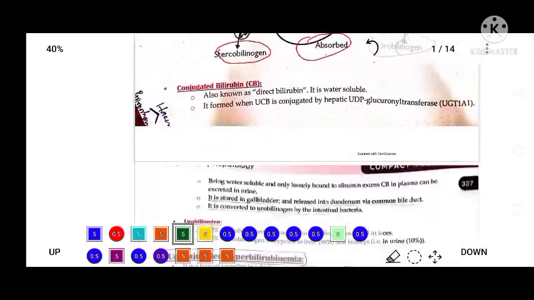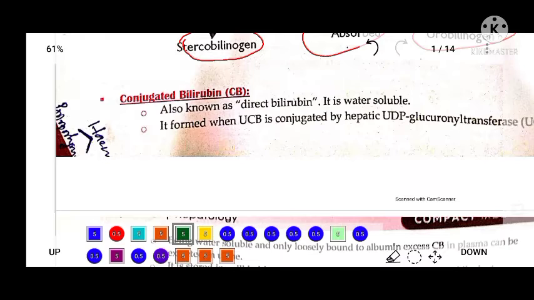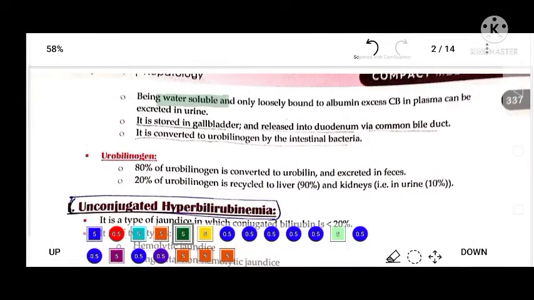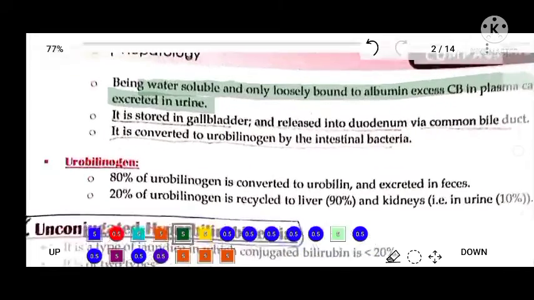Now we will look at conjugated bilirubin, which comes from the liver and is water soluble. It is formed from unconjugated bilirubin by the hepatic enzyme UDP glucuronyl transferase. It is water soluble and loosely bound to albumin, and excess conjugated bilirubin in plasma can be excreted in the urine, as well as in the feces as stercobilinogen.